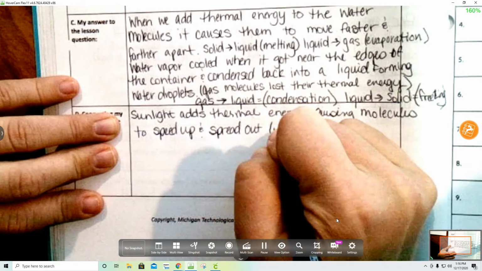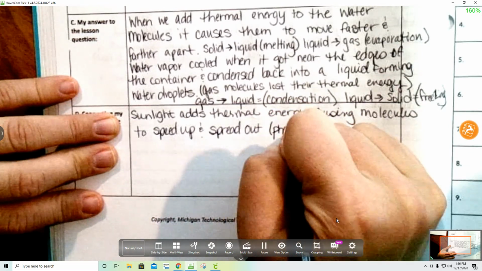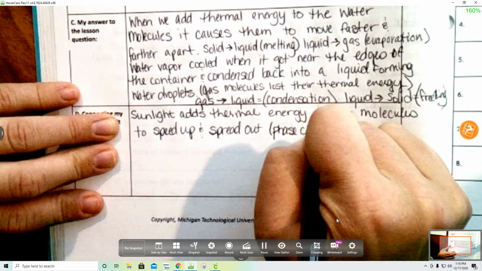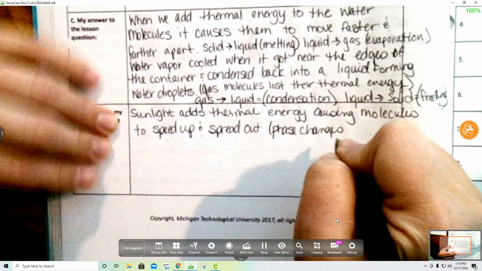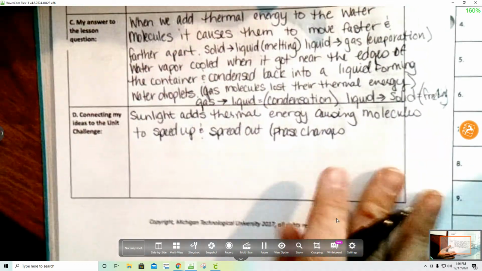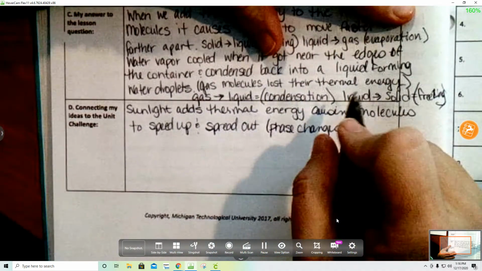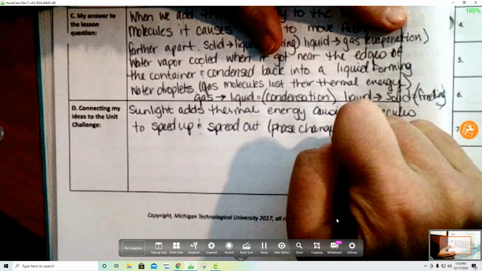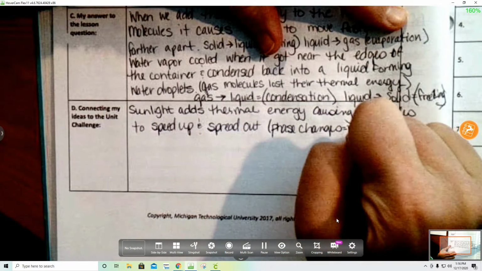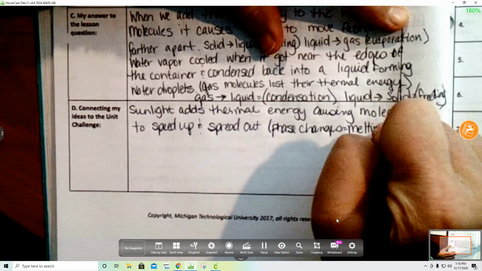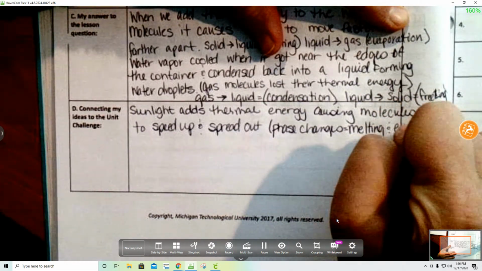So this is changing, phase changes. These are adding thermal energy phase changes. This is melting and evaporation.